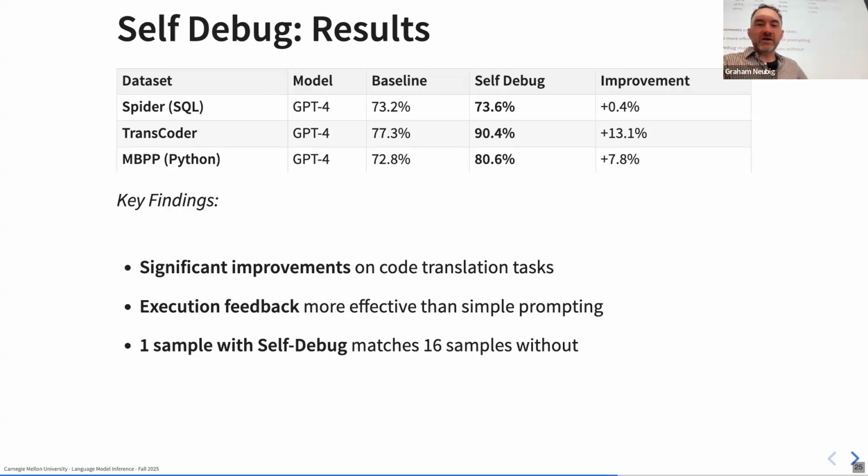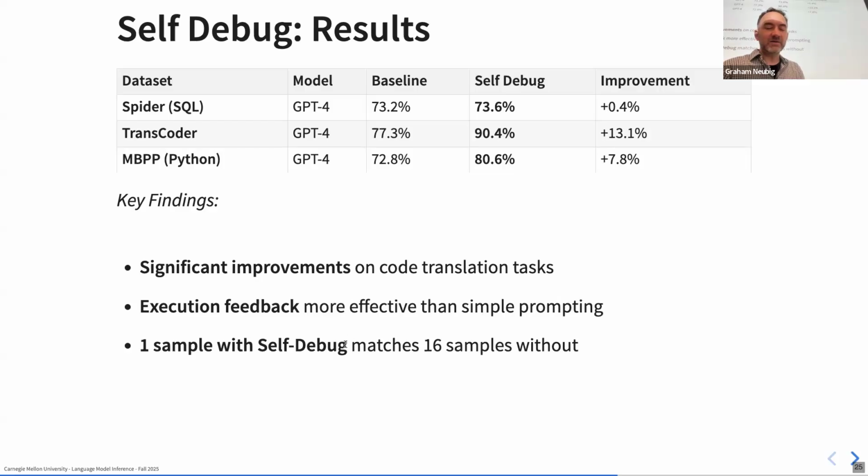Another interesting finding is this was one of the first papers that I know of where they compared various varieties of inference time algorithms. Basically, they also compared with self-consistency. When they compared with self-consistency, they had to sample 16 samples.